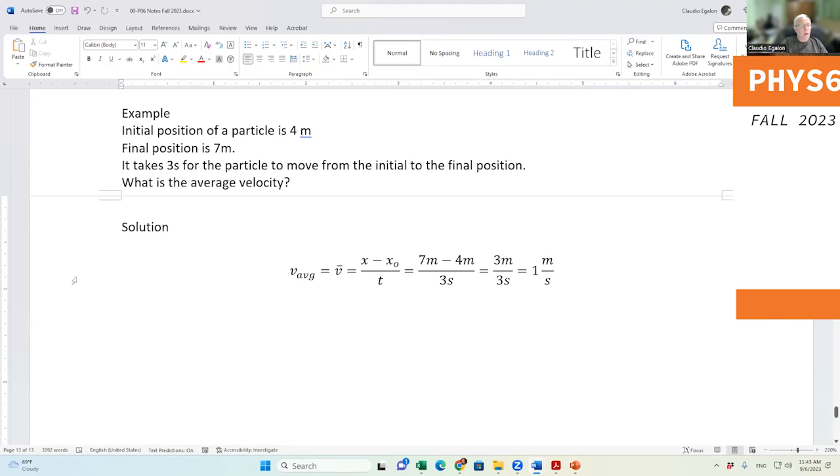Notice that I did all the steps. Straightforward algebraic steps. And notice that we got a new unit here for the velocity, right? And if we do dimensional analysis without the numbers, I'm going to do that for you here.